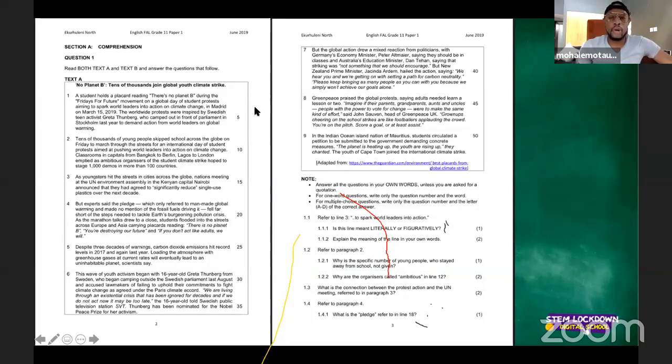Then 1.1.2 says, explain the meaning of the line in your own words: to spark world leaders into action.